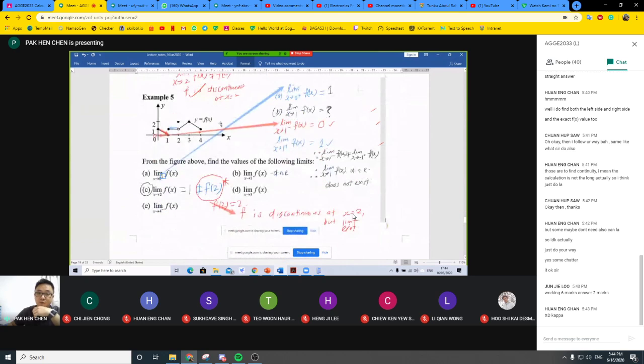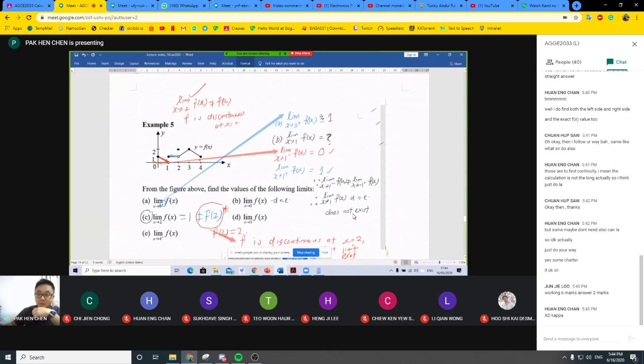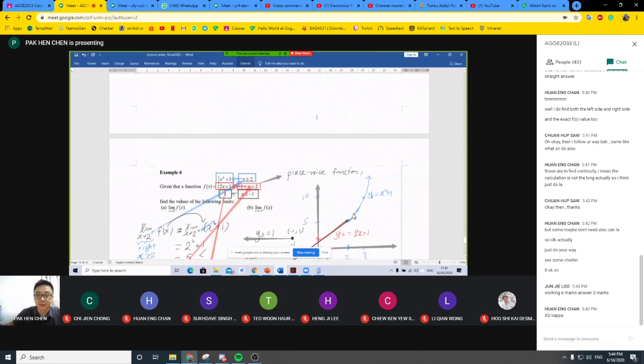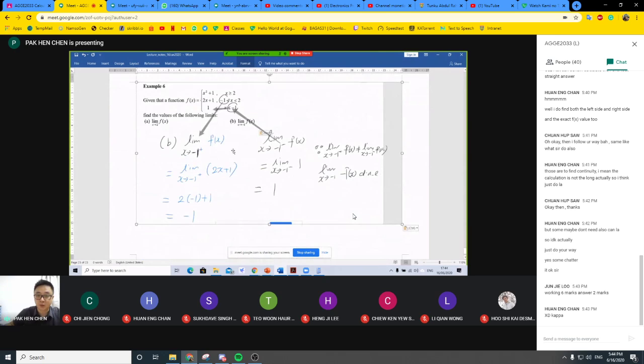Question 5, you just write the right side limit as observed from the graph, and write the final answer. But for the working in example number 6, you have to substitute the correct function for that particular right limit and also left limit to find the corresponding values, compare and conclude. Understand?